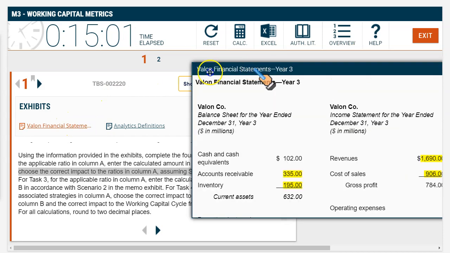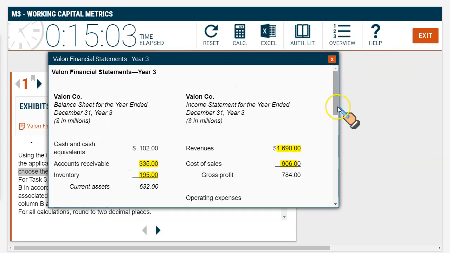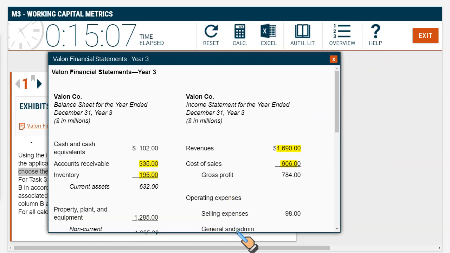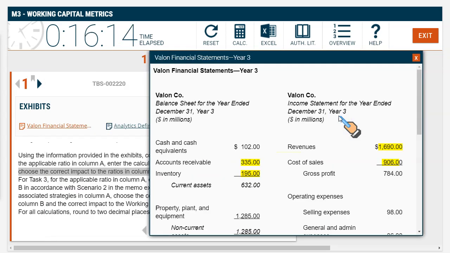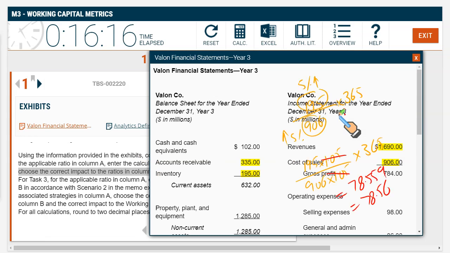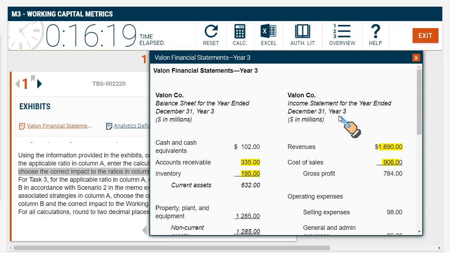Right, so let us apply our jotted numbers here and calculate the revised numbers for our inventory turnover, account receivable turnover in days, and accounts payable turnover in days. Okay, so applying the numbers that we have jotted down, let us first calculate the inventory turnover days.